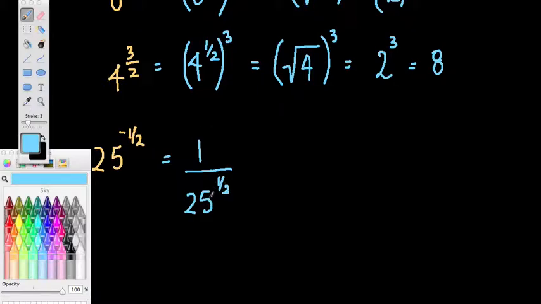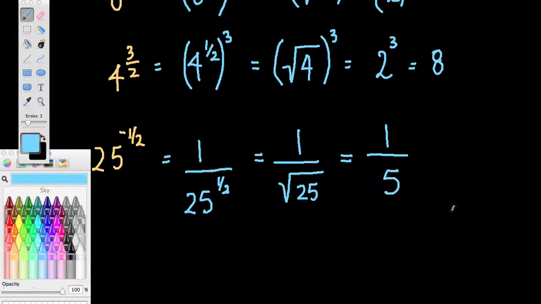So we know that when we use negative indices you can move those terms from top to bottom or from bottom to top, but the sign must change. So this is equal to 1 over the square root of 25, because that is to the power of a half, and we know that to the power of a half is the square root. 1 over 5 is my answer.